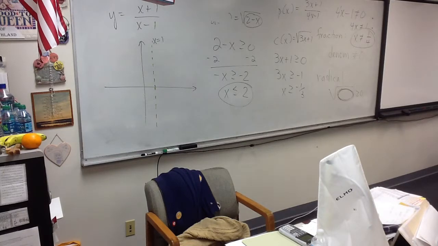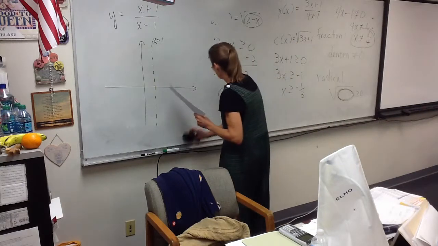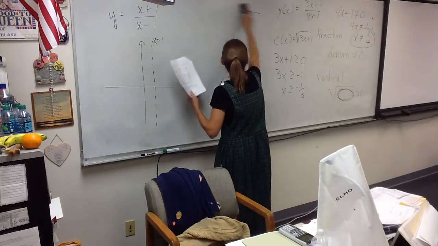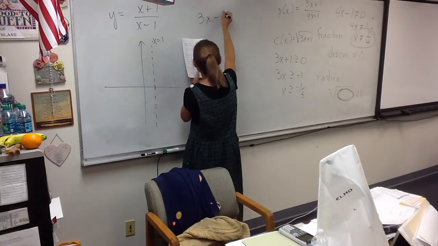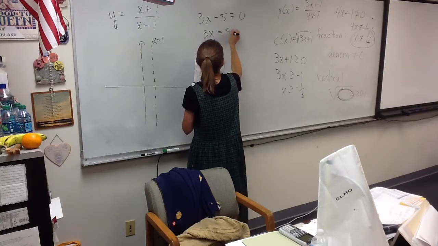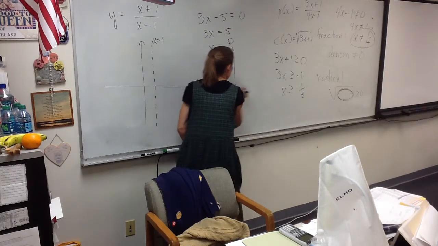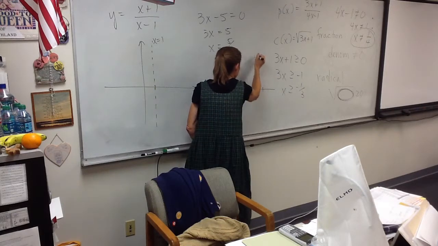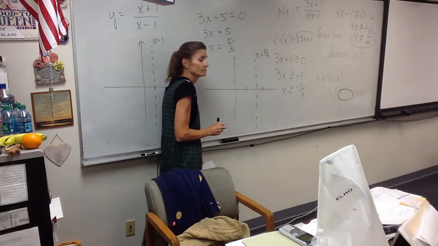So when I look at question number B, what would make that denominator 0? Now it's going to be a fraction, so don't panic. What would make that denominator 0? 5/3. So guess where my vertical asymptote is, kids? x equals 5/3.